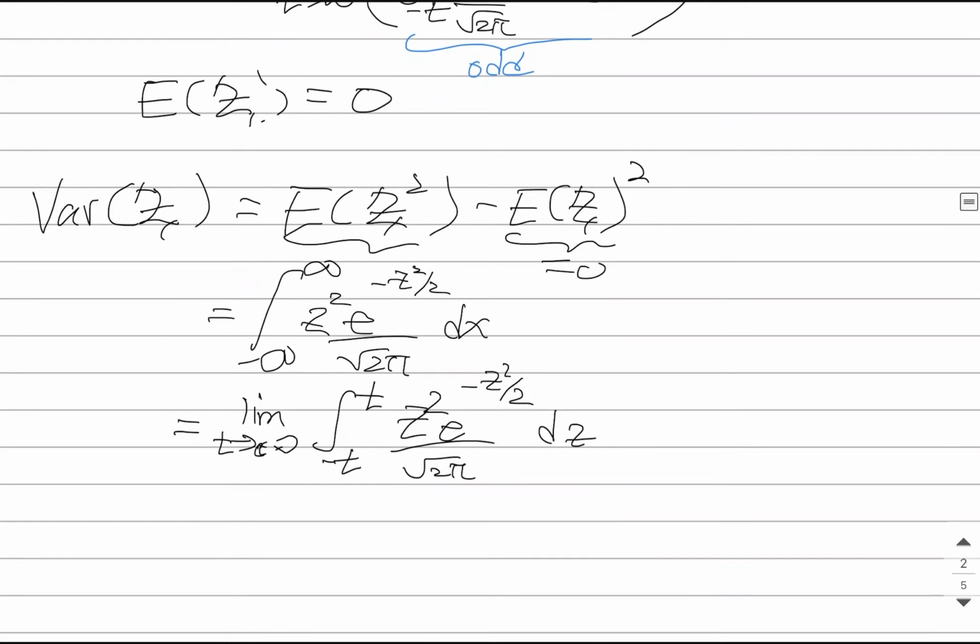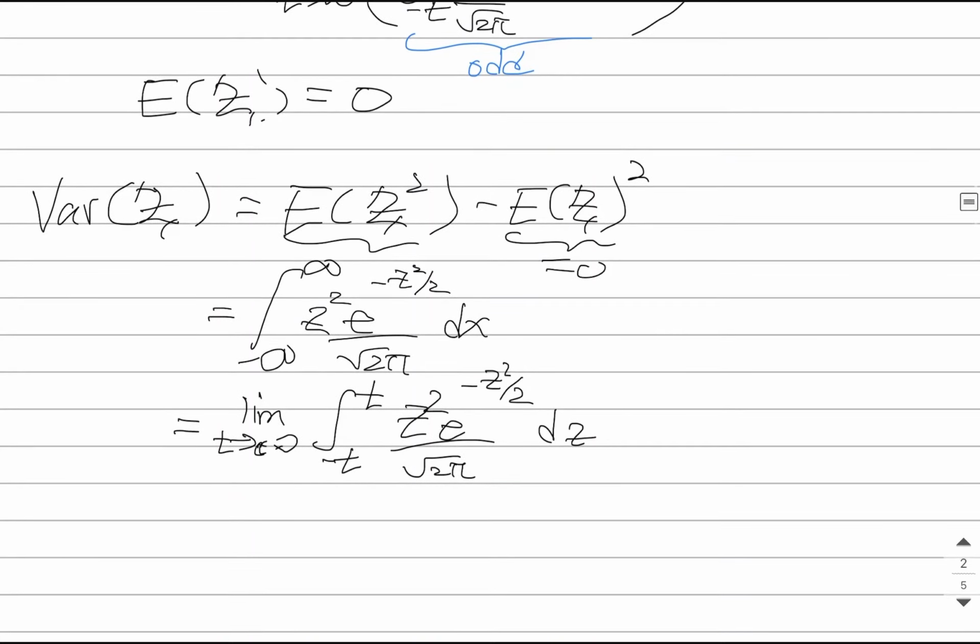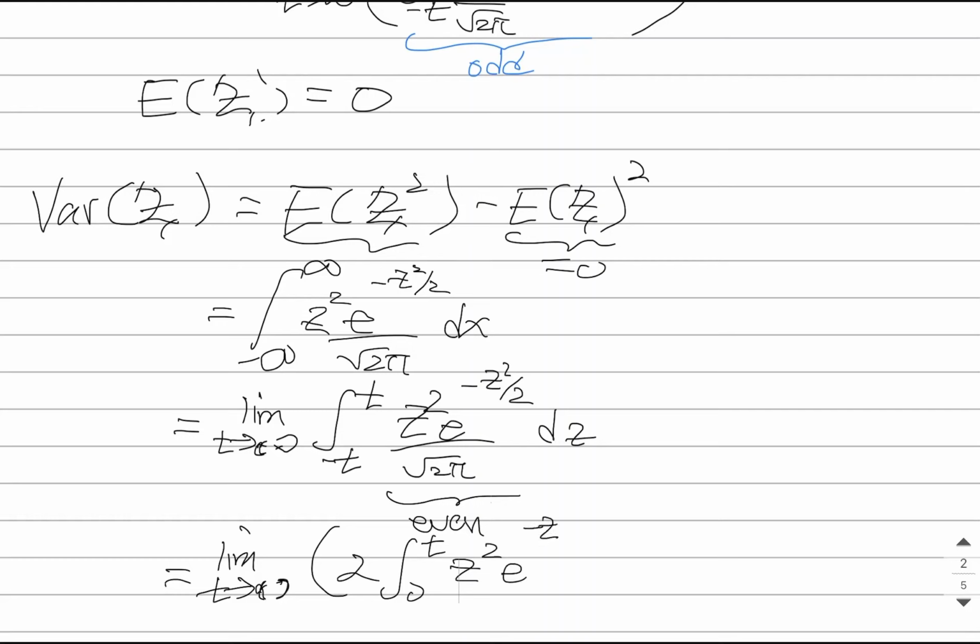And unlike before, this entire expression is now an even expression. Other integral properties allow us to write this as the limit t going to infinity of twice the integral from 0 to t of z squared e to the minus z squared over 2 dz, all over the square root of 2 pi.